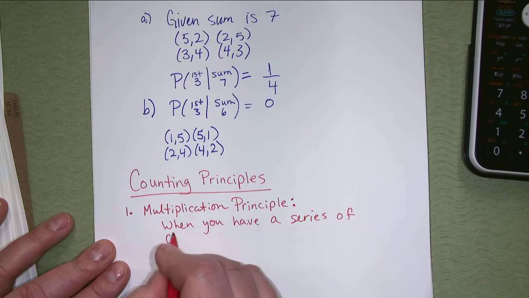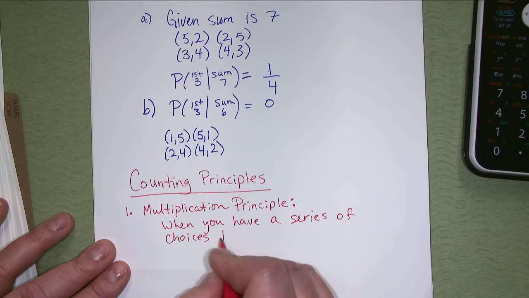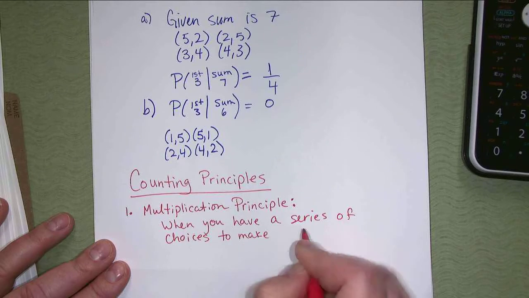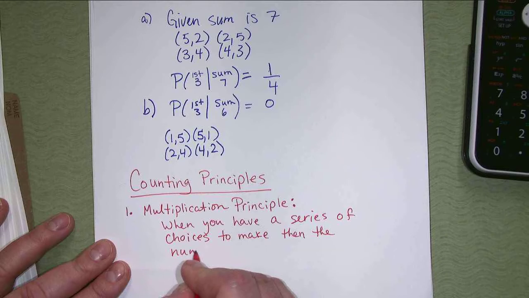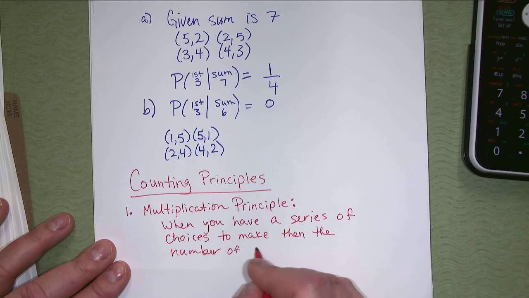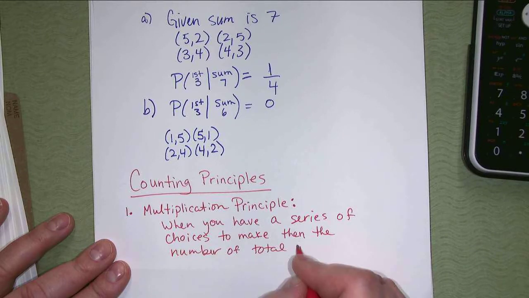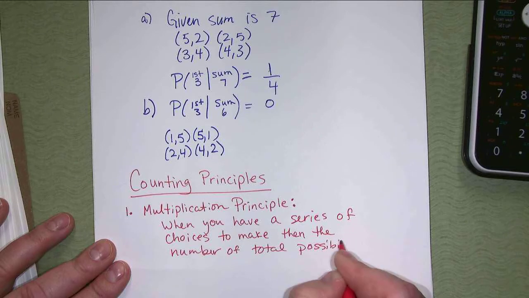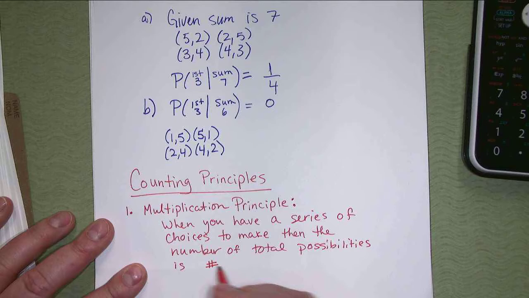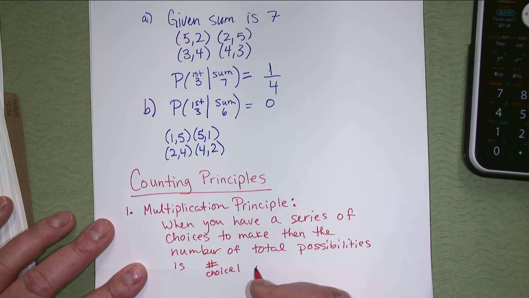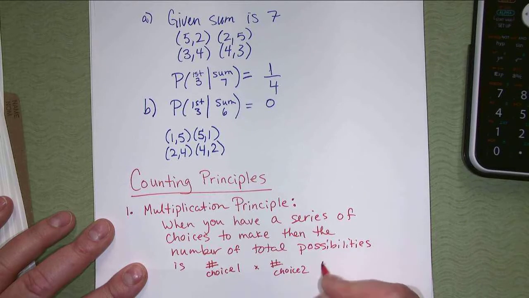When you have a series of choices to make, then the number of total possibilities is the number of choice 1 times the number of choice 2 times the number of choice 3, etc.